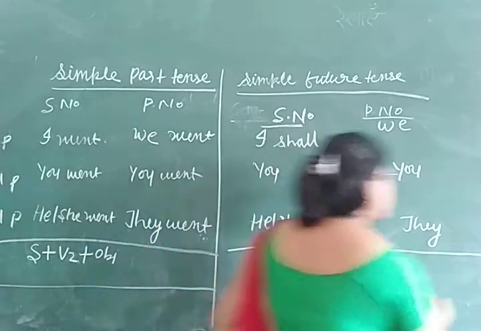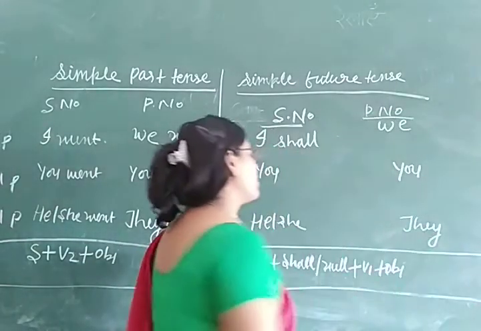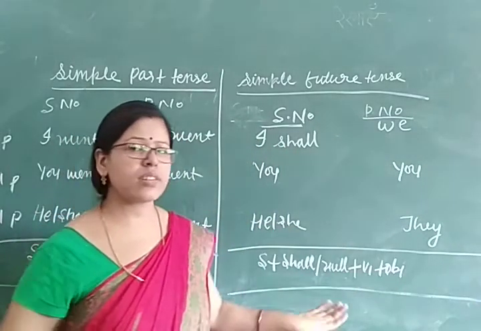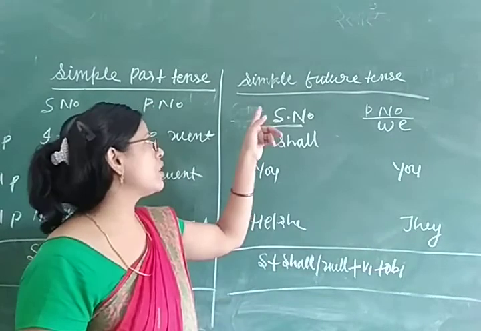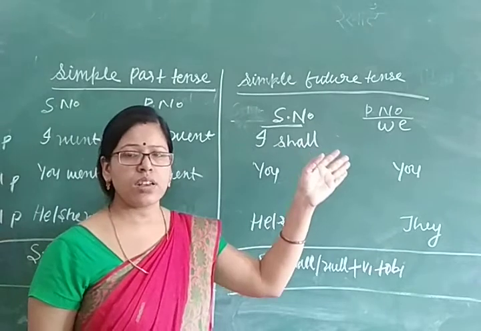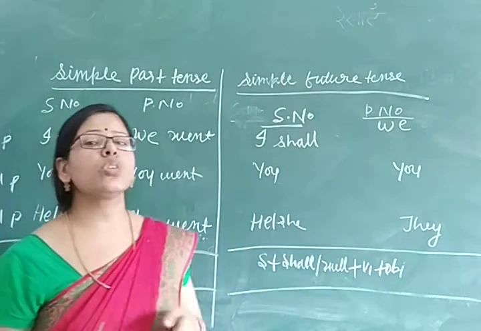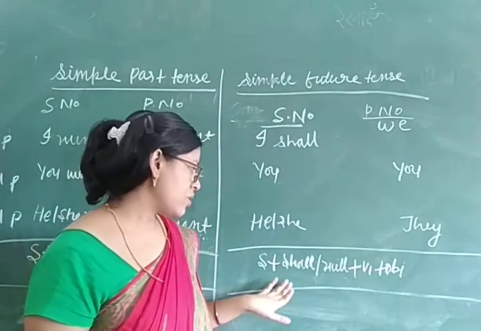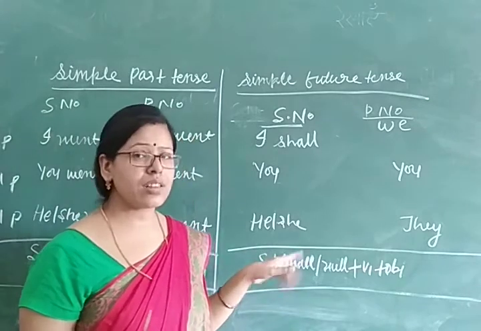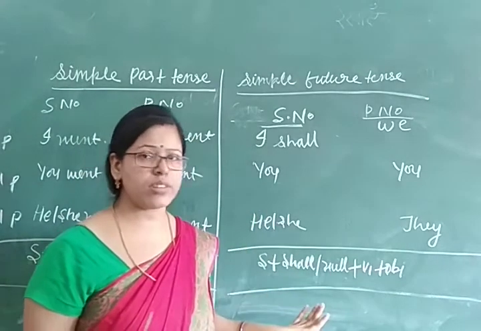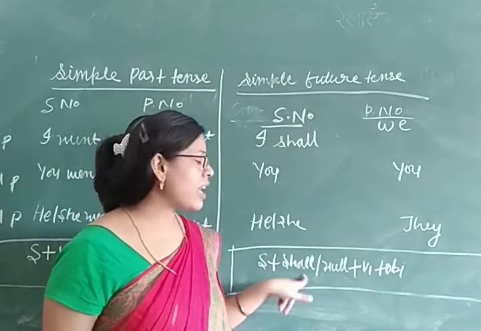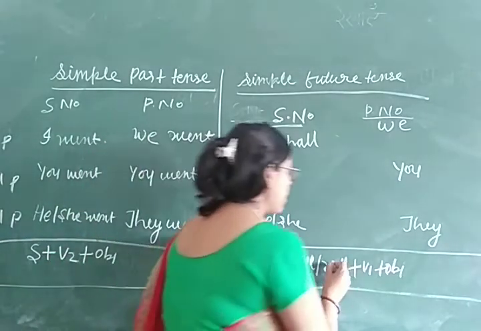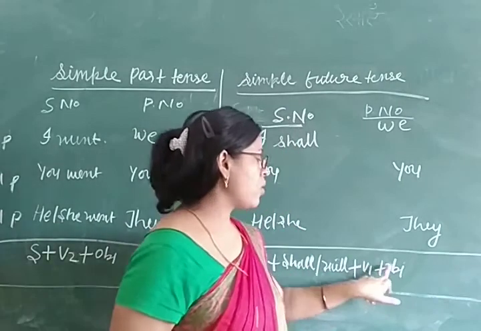My dear students, I again remind you beta, it is very important to learn the structure associated with the tense. In every tense you need to learn the structure. Structure and the format is very important. Now see the structure. Subject plus shall or will and then V1 plus object.